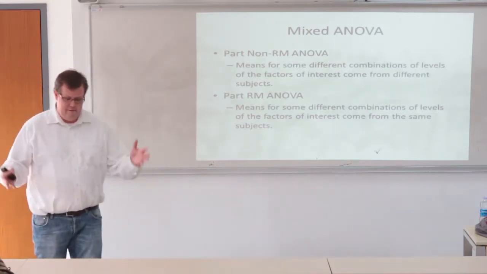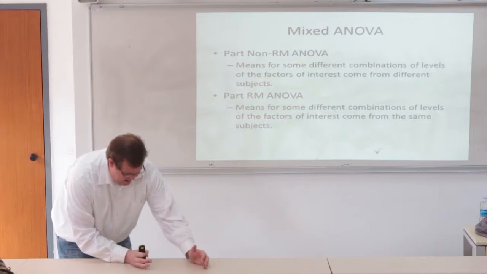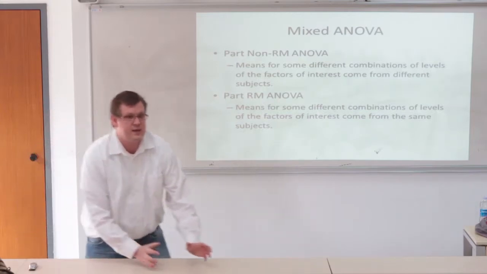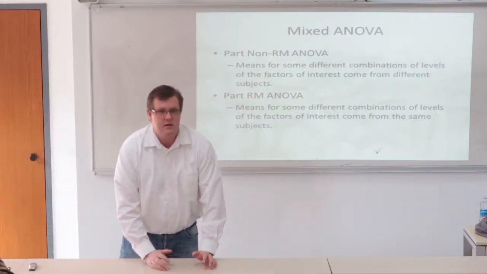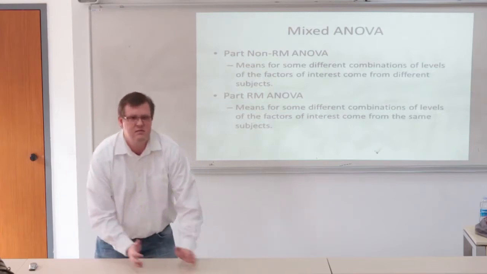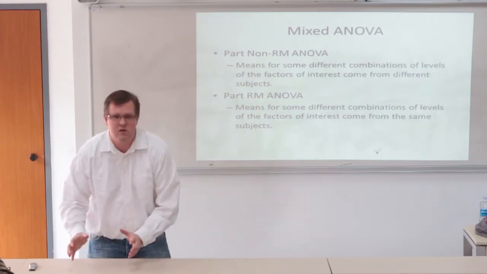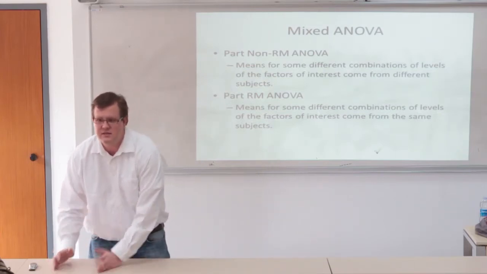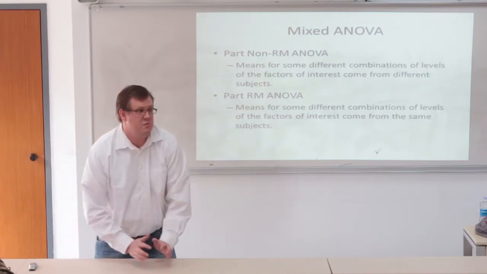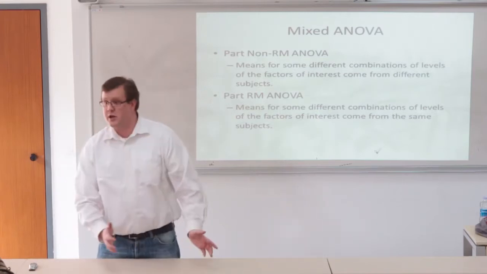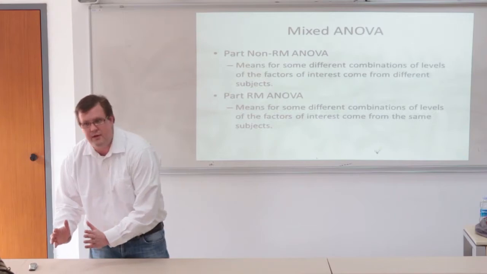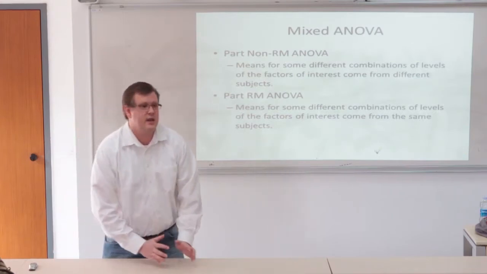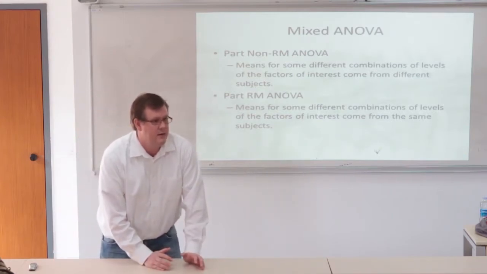So you will have some of the factors measured between subjects, something like sex. You have different groups of subjects in a male group than in a female group. Or major. You have a different group of people that are history majors and psychology majors, right?